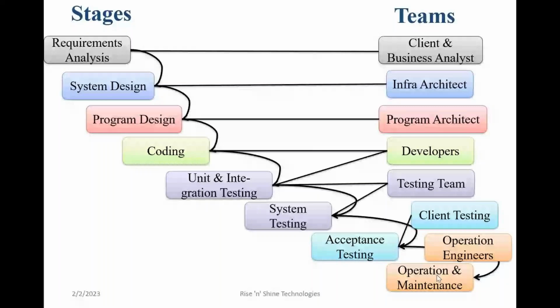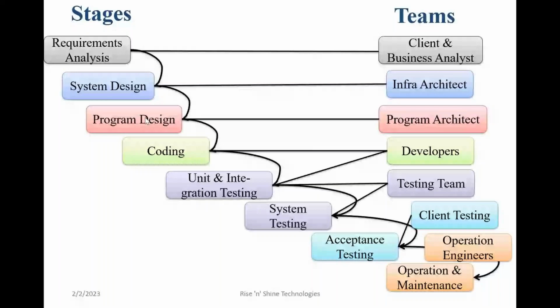So finally, if we conclude the main environments: requirement, system design and program design are all document oriented. The analyst teams or architect teams design the architecture and the software, like UML and flowcharts, in system design and program design.